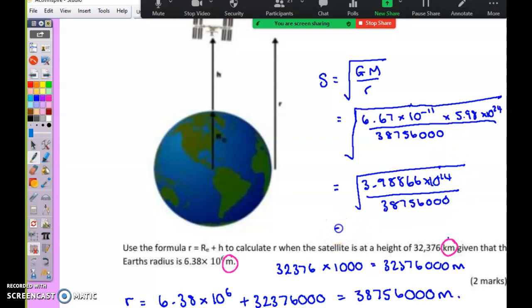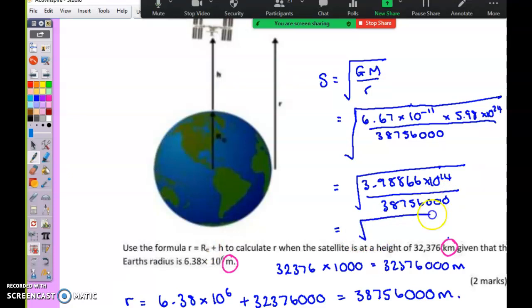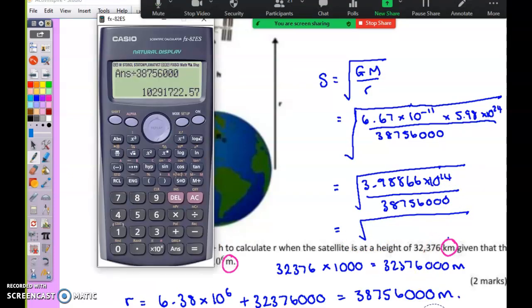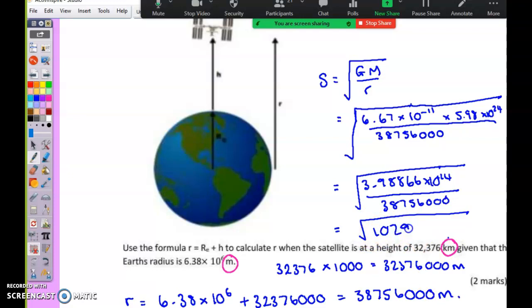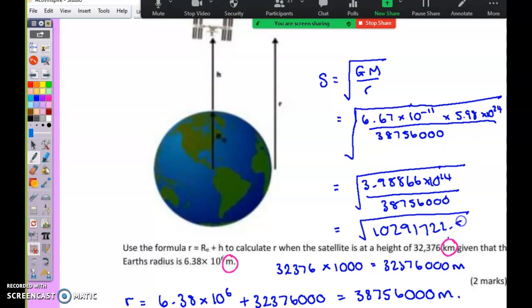So doing our divide, already got that top line in, so I'm just going to hit divide, 38,756,000. So the square root of 10,291,722.57, and then we square root that.